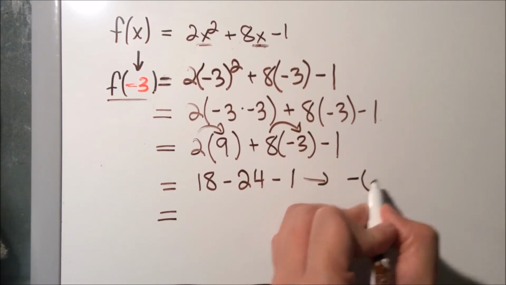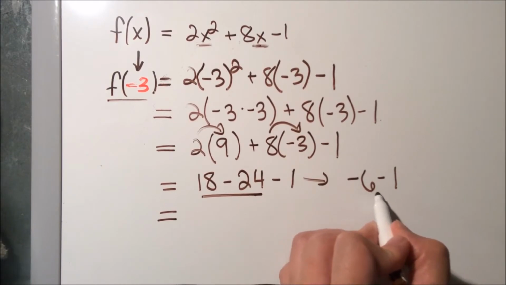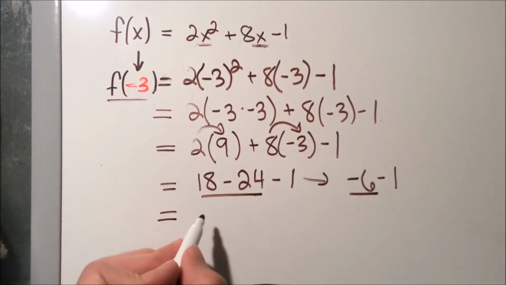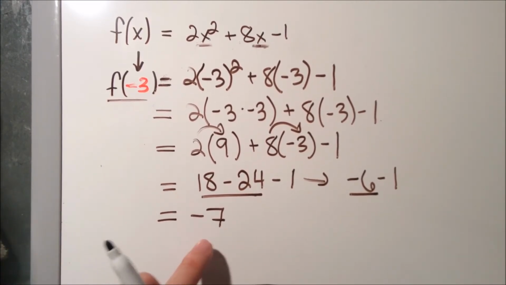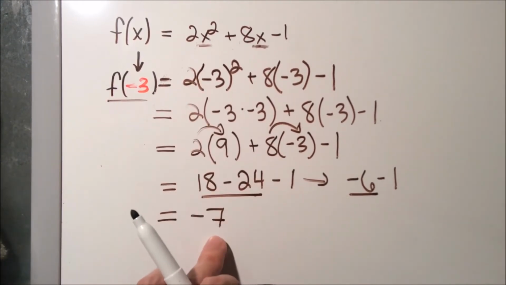So negative 6 minus 1 will give us a negative 7. Since you reached this, there's nothing you can do: no multiplying, no dividing, no adding, no subtracting. This is where you end for this work.